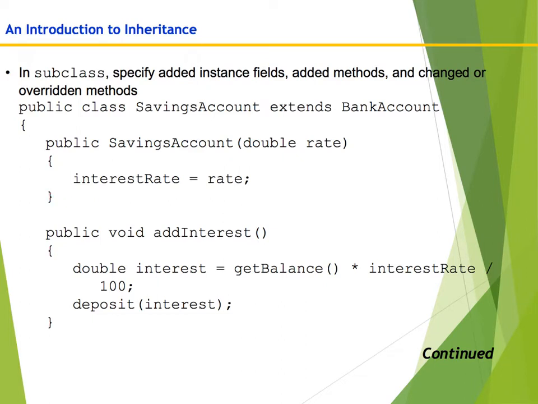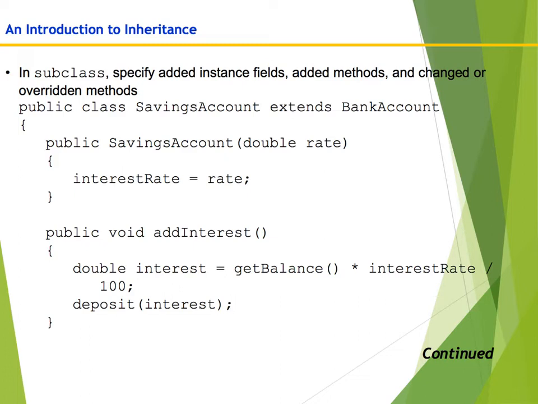And then we have another method called addInterest. This method simply calculates interest first by multiplying interestRate by getBalance and dividing by 100, and finally it deposits that interest amount. Obviously deposit is a method that is defined in the superclass, which is the BankAccount.